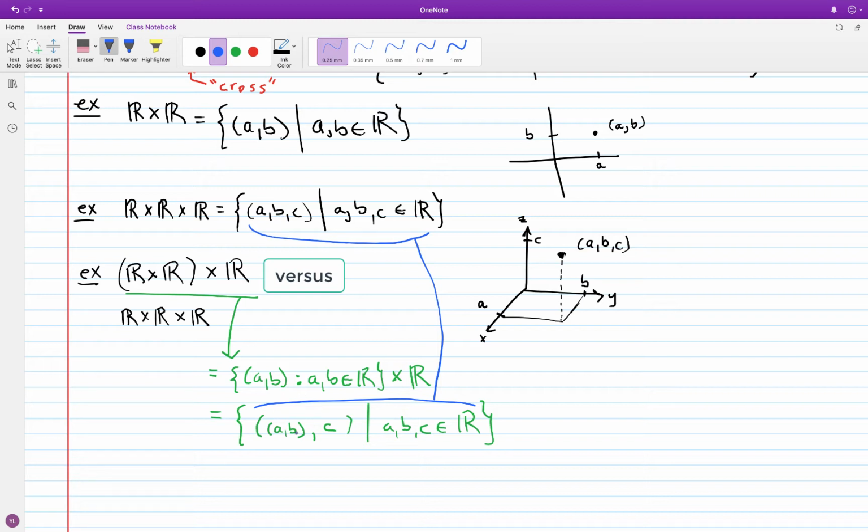But formally, this one has more parentheses in its elements. So it's a subtle and kind of stupid distinction, but just be aware that the symbols here mean something. They actually do produce different objects.